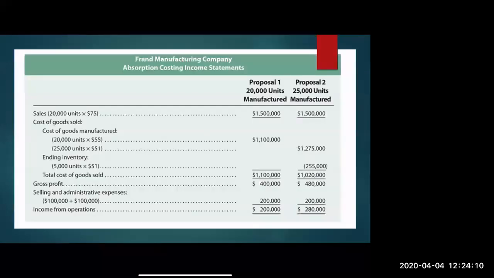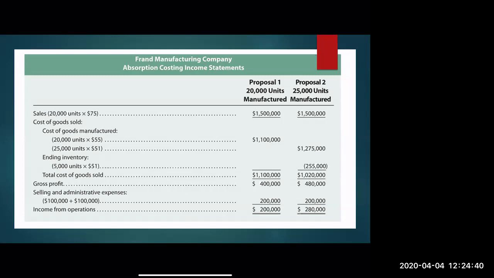In the interest of time, what I wanted to show you is what these numbers look like under proposal number 1 and proposal number 2. Remember, your sales will not change after making 20,000 units. The only thing that's going to be affected is your finished inventory, your ending inventory.